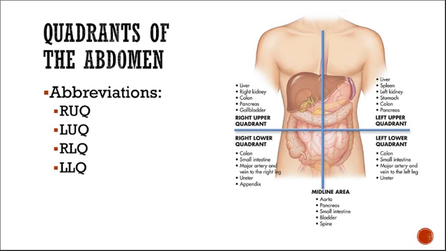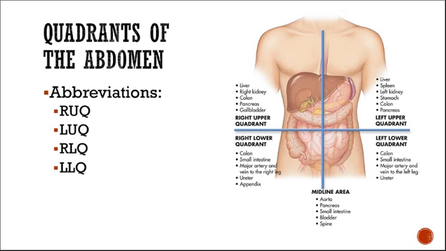The right lower quadrant, often abbreviated RLQ. Again, we have part of the colon, a majority of the small intestines, the ureter, which leads from the kidney to the bladder, and the appendix, which is an important thing to remember for the right lower quadrant. The left lower quadrant, abbreviated LLQ, consists of the colon, the small intestines, and the left ureter.